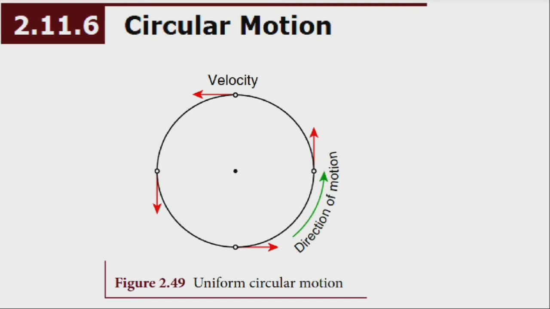Circular motion. When a point object is moving on a circular path with a constant speed, it covers equal distance on the circumference of the circle in equal intervals of time. Then the object is said to be in uniform circular motion. In uniform circular motion, the velocity is always changing, but speed remains the same.